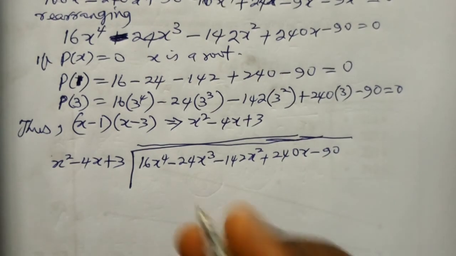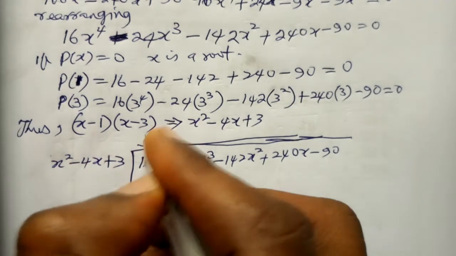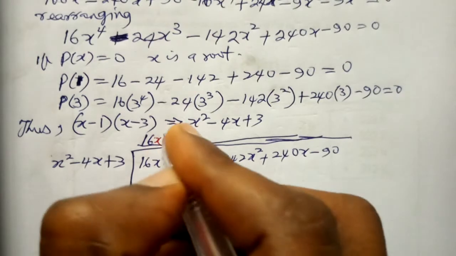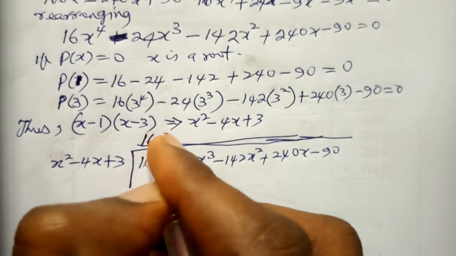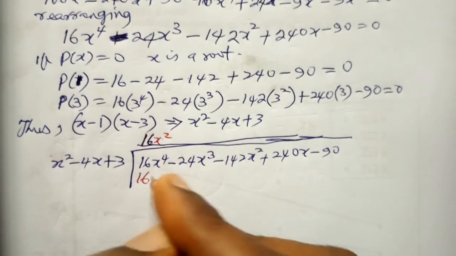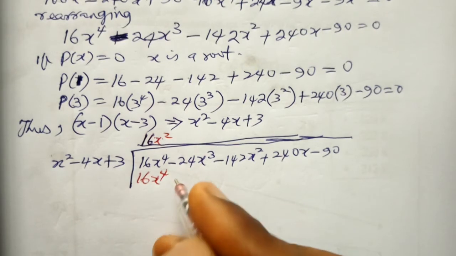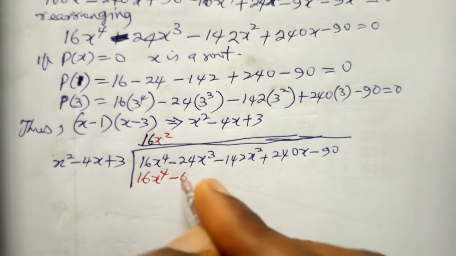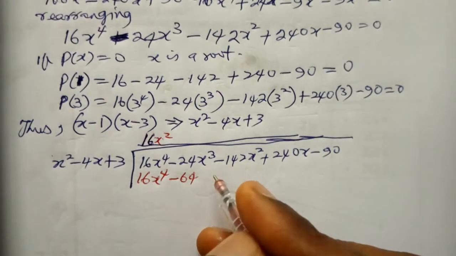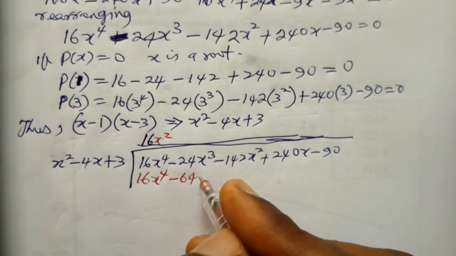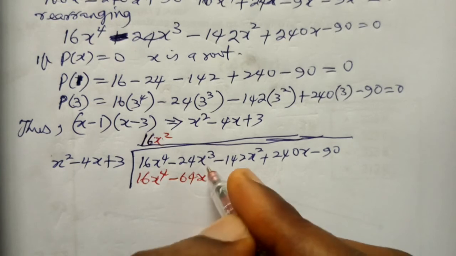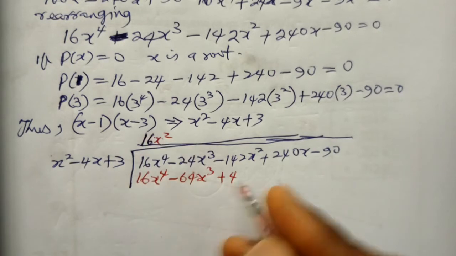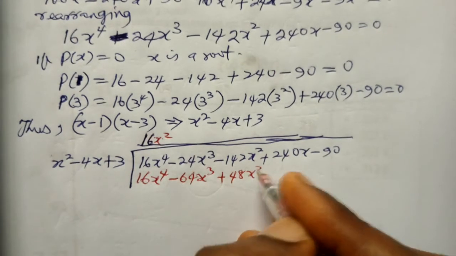So the first thing that will go is, of course, 16x squared. This times this will give us 16x to the power 4. This times this will give us minus 64x cubed, and the last one will be 48x squared.